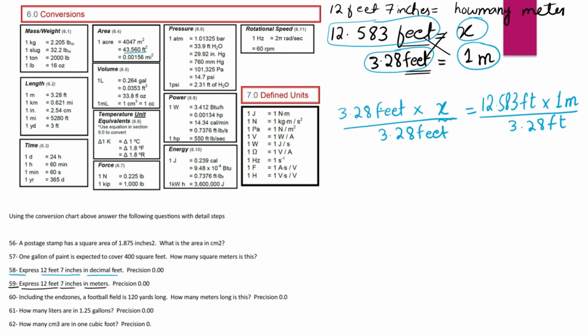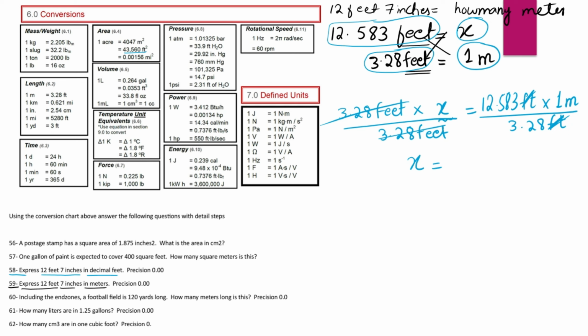So this value will be cancelled by this value now. Simple. On the left hand side we are left with just x. On the right hand side you can see this feet will be cancelled by this feet, right? Because both are in division, so feet by feet will be 1, so simply cancel feet by feet.